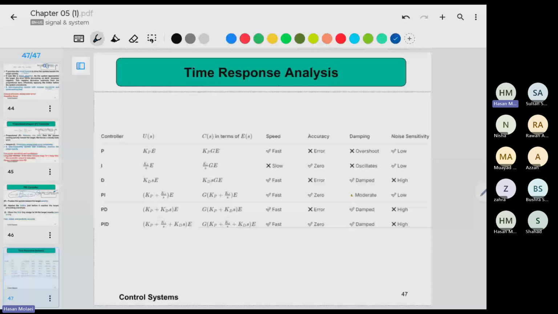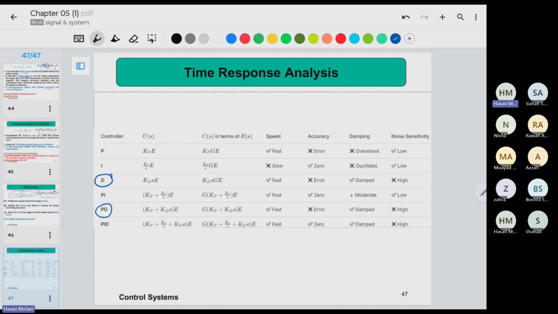Which one can you use for reducing the overshoot and making it smoother? But if you have PD, for example, you can never reach your final speed. At the end you will have, for example, 5 kilometers of error.